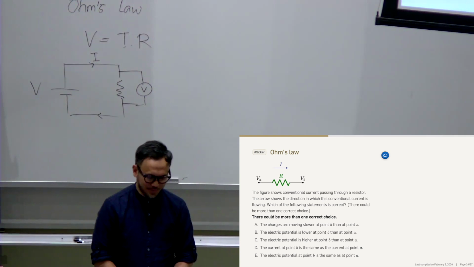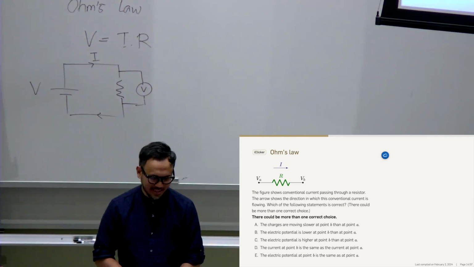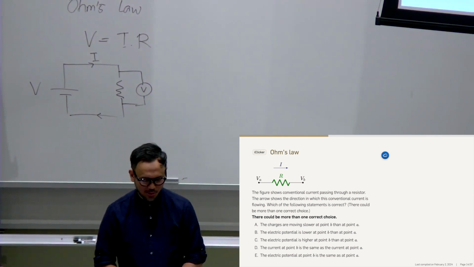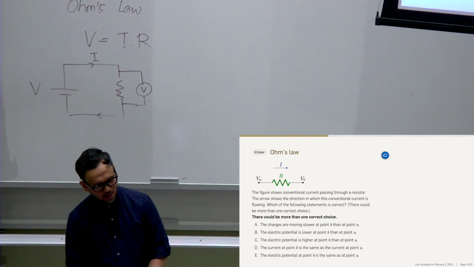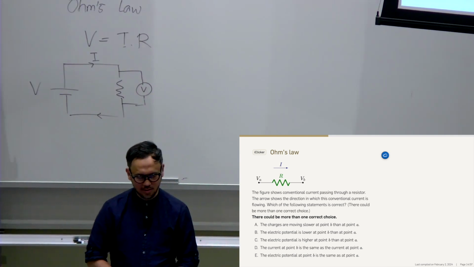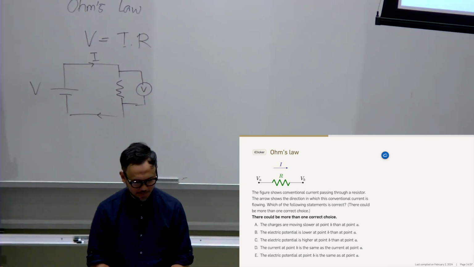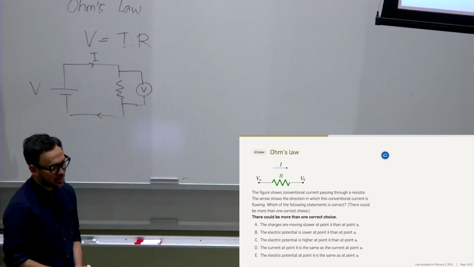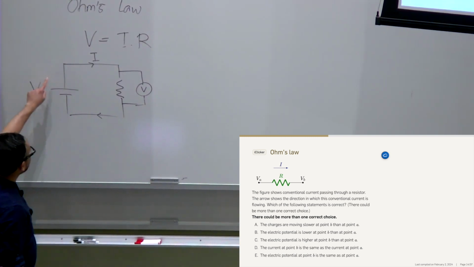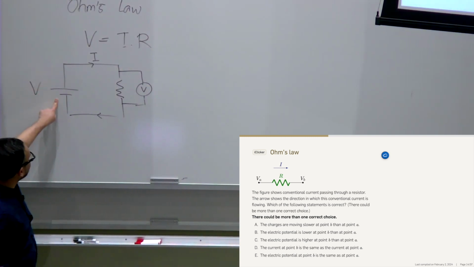So Ohm's law, or Riff, the figure shows conventional current passing through a resistor R. The arrow shows the direction in which the conventional current is flowing. One thing that I forgot to mention is that the polarity here is positive and here is negative.